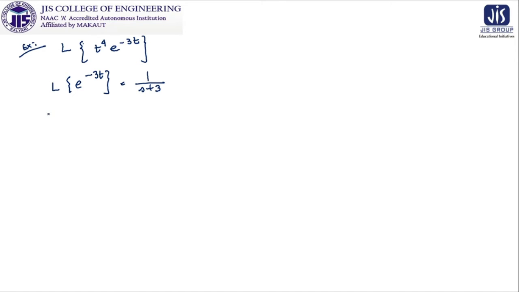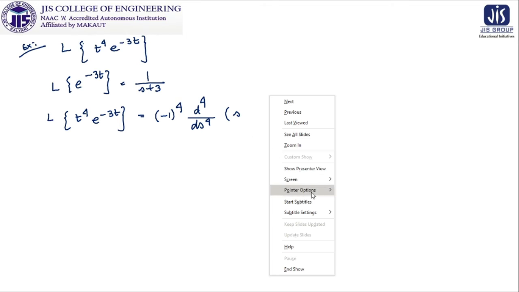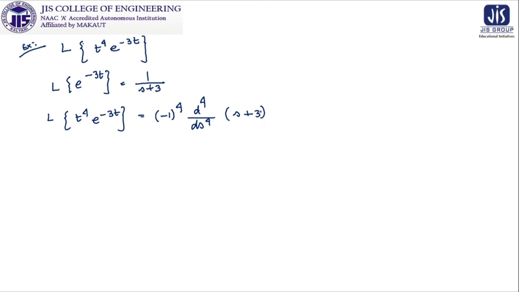Now the Laplace transform of t to the power 4 e to the power minus 3t, according to this formula, will be minus 1 whole to the power 4 d^4/ds^4 of (s plus 3) whole to the power minus 1, and we can write it as minus 1 whole to the power 4 into minus 1 whole to the power 4 factorial by (s plus 3) whole to the power 5.